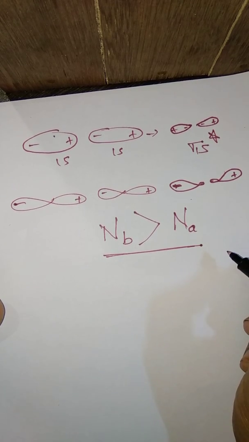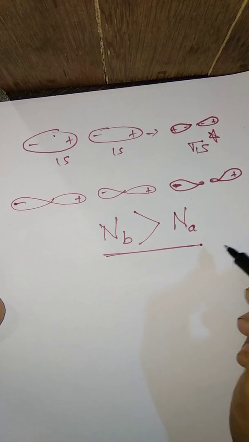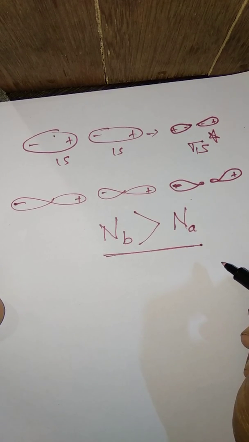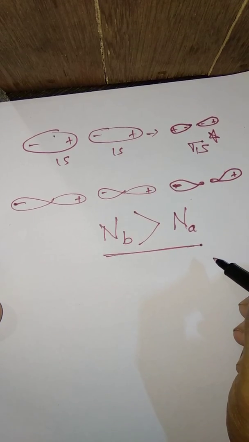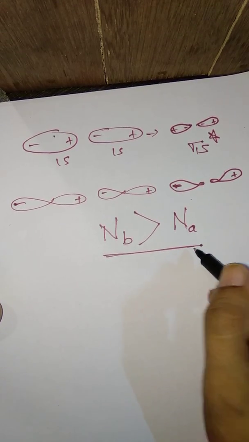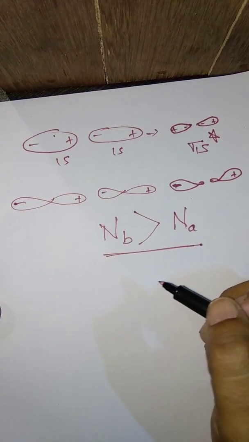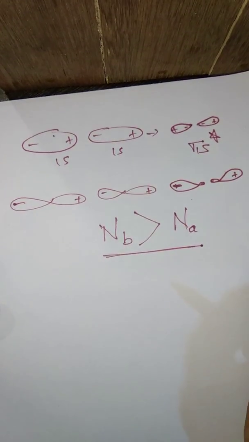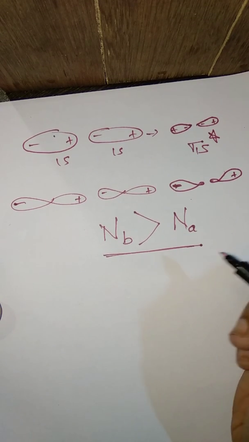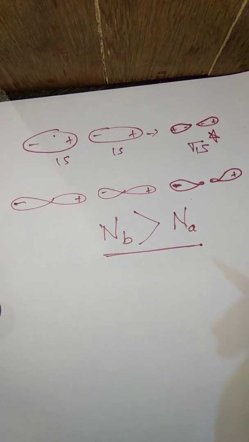If the number of anti-bonding and bonding orbitals becomes equal, that will result in a bond order of 0, which means that the molecule does not exist. And a greater number of bonding orbitals means favoring the number of bonds, and the more bonds, the higher the strength, the higher the bond energy, and the lesser the bond length.